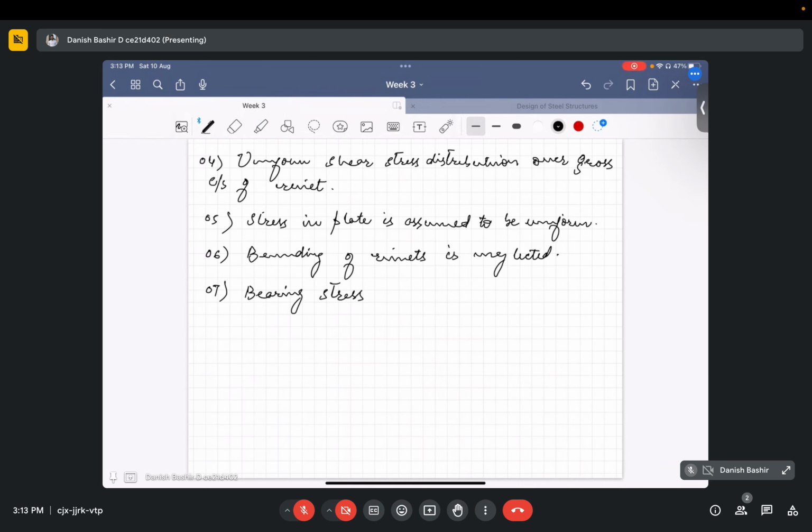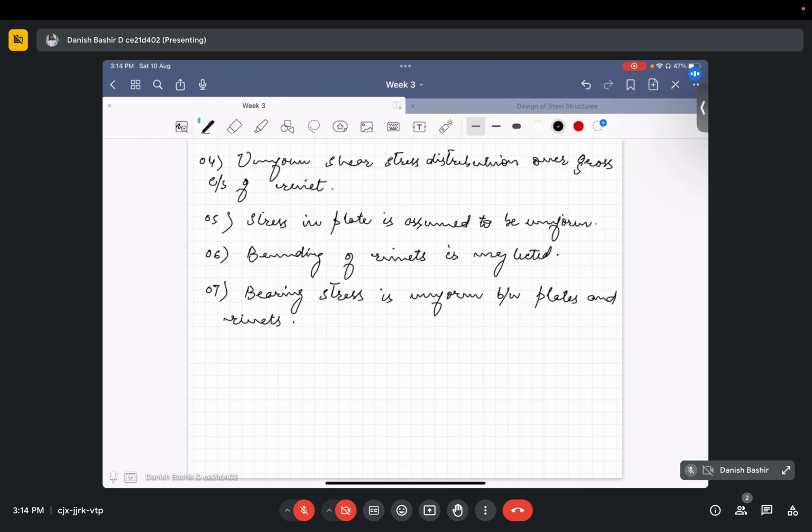There is bearing action between the rivets and the holes driven within the plates, due to which the loads are transmitted.